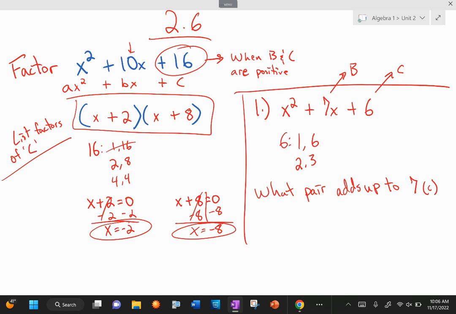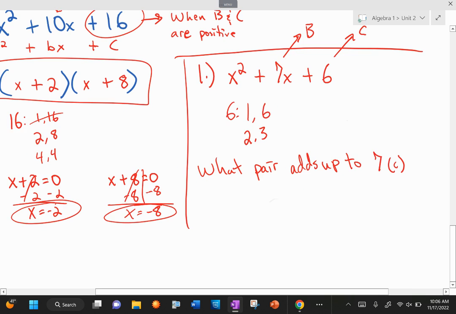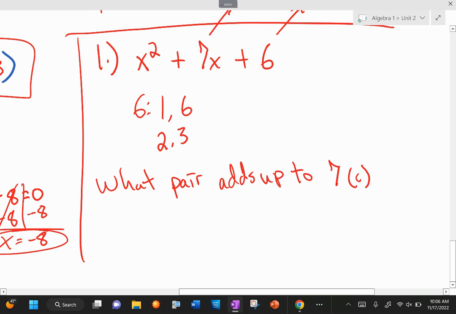So which one? Brian? Yeah, the 1 and the 6. Do we all agree? How do those need to be? Both positive, both negative, a positive and a negative? Both positive. So plus 1, plus 6, the X goes in front.